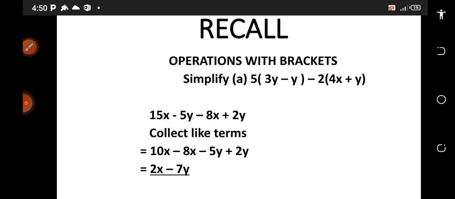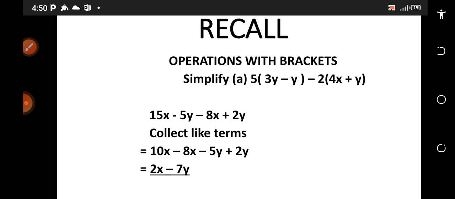Let's collect like terms. 15x minus 5y minus 8x plus 2y. When we are collecting like terms, they become 15x minus 8x, minus 5y plus 2y. The ones with x will come together, the ones with y will go together.